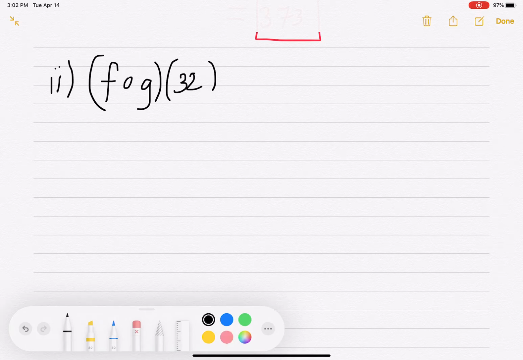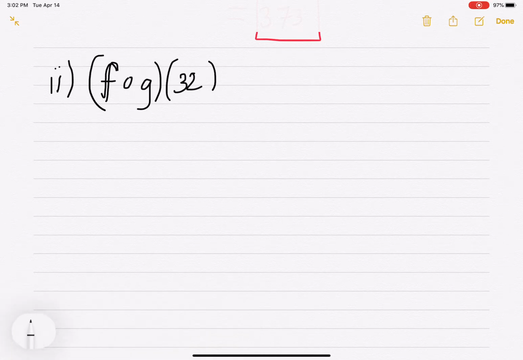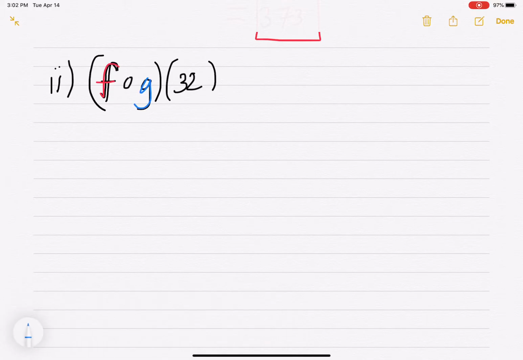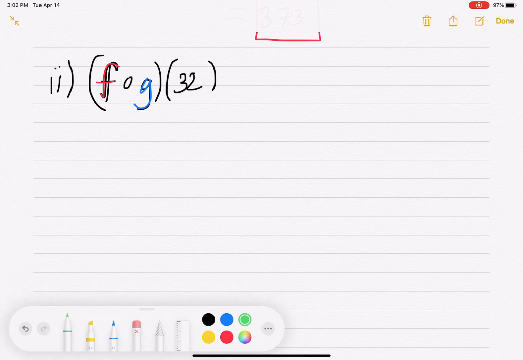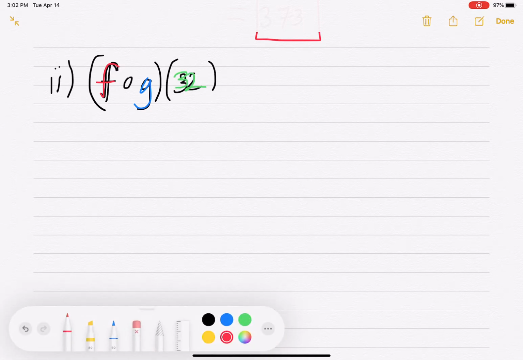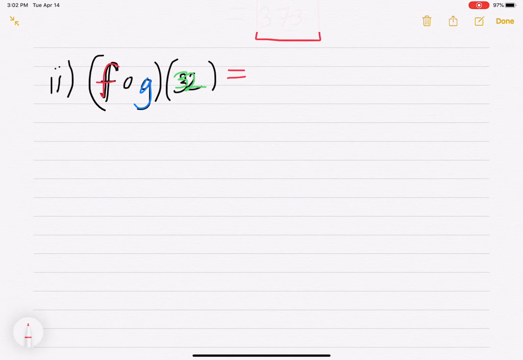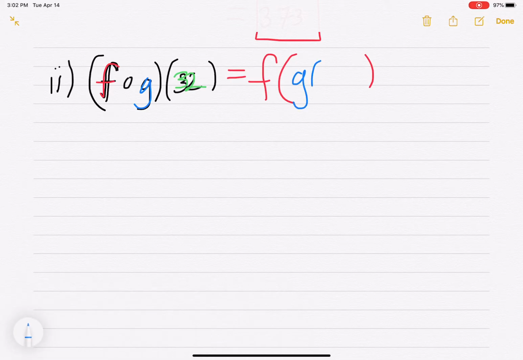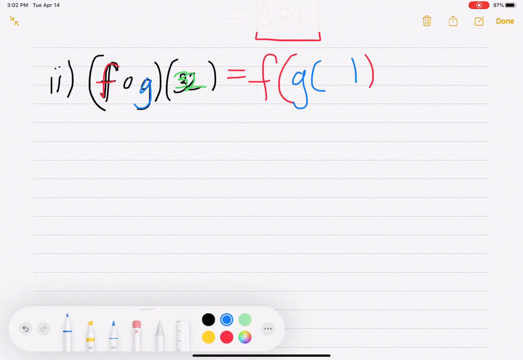All right, red function is F. Blue function is G. The input is 32. So here I'm going to write this is equal to, you start with your function on the left, F of, and then you put your second function, G of, and then you put your input, 32.